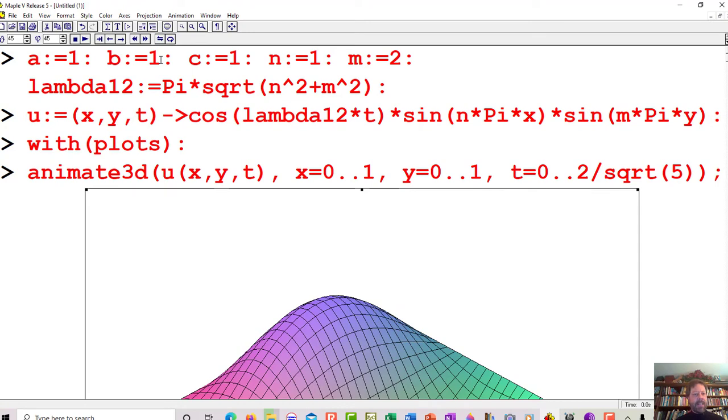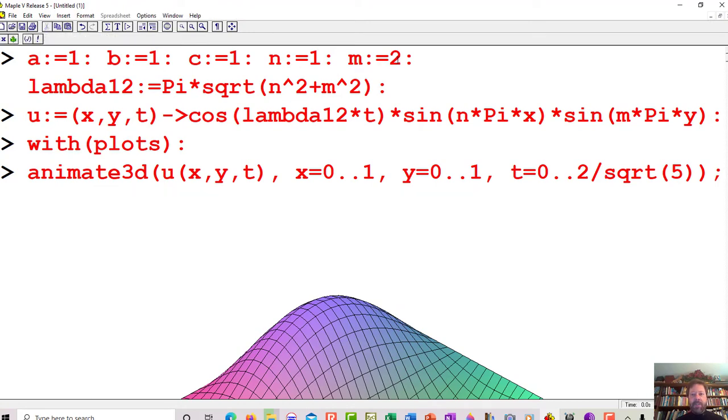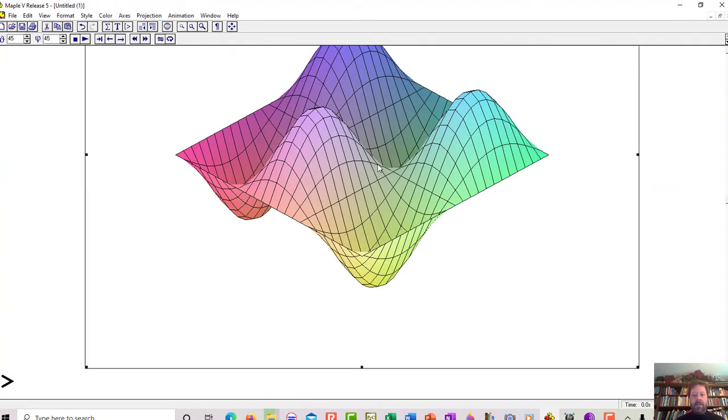Let's suppose that instead of m equals 2, we choose m equals 3 and n equals 2. What does that do to our function? You can see we'll have a few bumps here and a couple bumps this way. If we click on this, I want to repeat this.